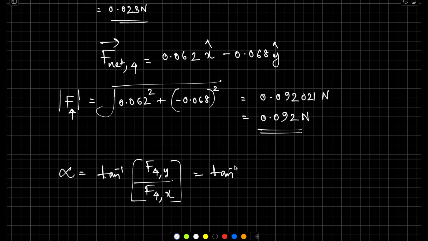Tan inverse of minus 0.068 divided by 0.062 gives minus 47.64 degrees.